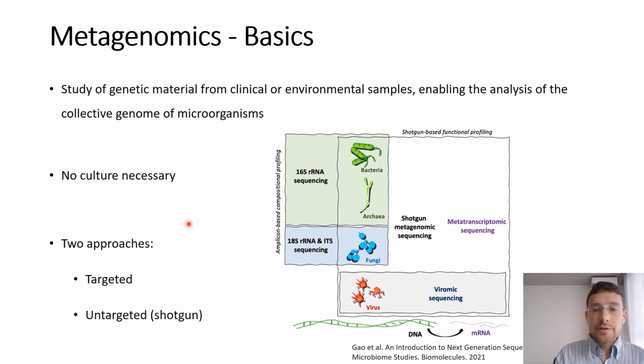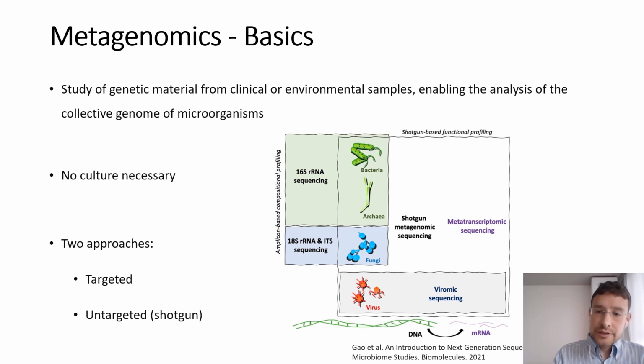The same may happen with fungi, which have some genes similar to bacteria and can undergo the same process described. The problem is when you do not know if you are dealing just with bacteria, with fungi, or with viruses, which have no specific gene in this context of targeted metagenomics. And so you may want to amplify your whole sample to control which kinds of bacteria, fungi, and viruses are present. And this is the approach of untargeted or shotgun metagenomics.